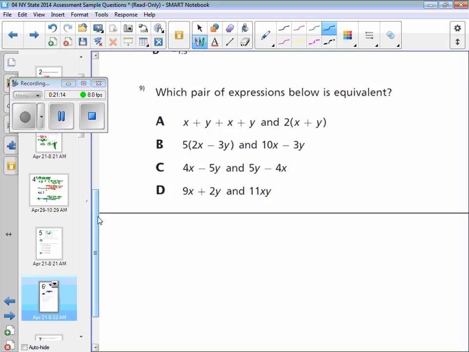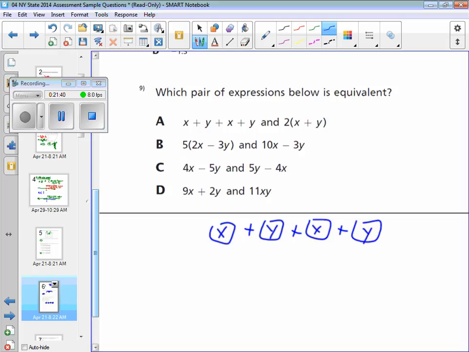Let me show it to you with models. Tape diagrams. We've done it. You just forgot we've done it. We just did it recently. X plus Y plus X plus Y. Here's an X. Here's a Y. Here's an X. Here's a Y. Combine like terms.